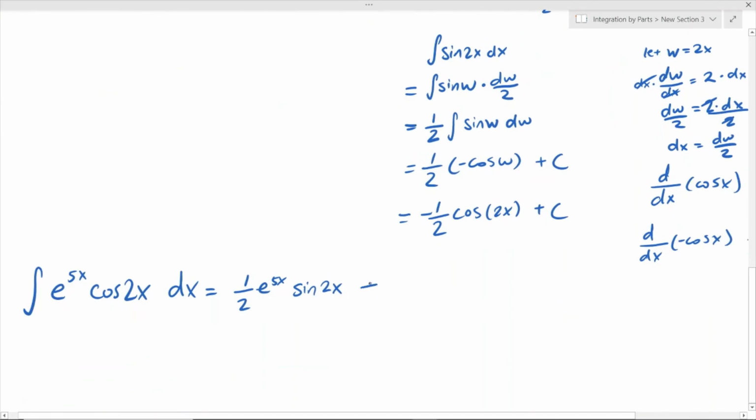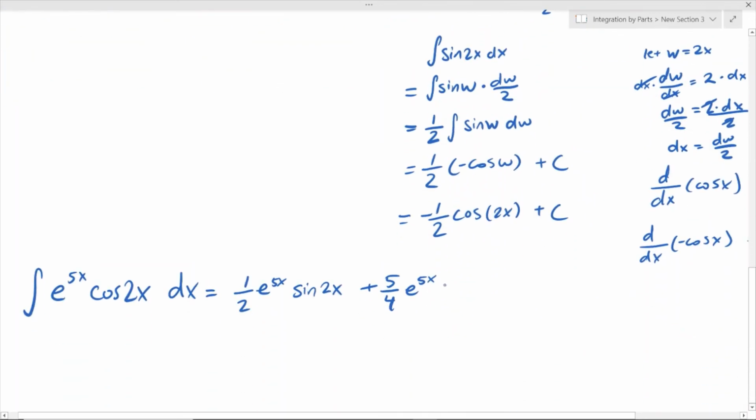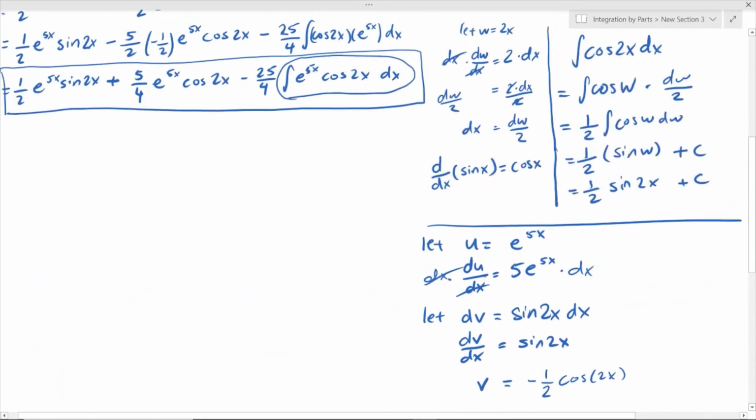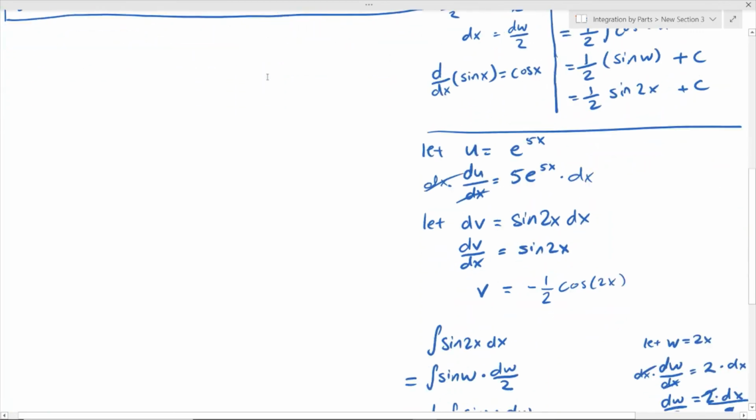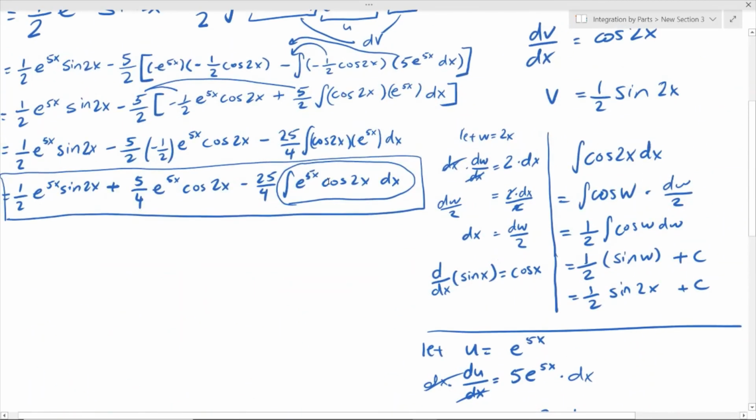So I'm just copying that, plus 5/4 times e to the exponent of 5x times cos 2x, and then minus 25/4 times the integral of this, right?